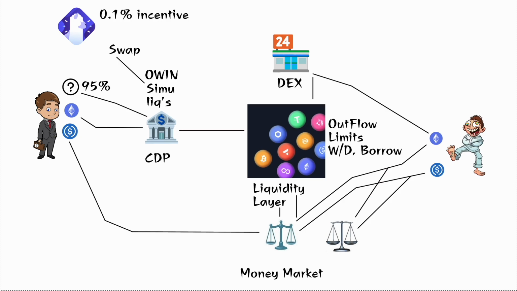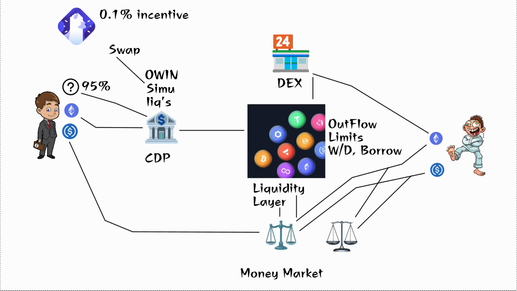Now the next thing they talk about is this DEX built on top of the liquidity layer. This DEX is pretty interesting. It's not really a DEX like Uniswap, and it's very different from how you would supply liquidity to Uniswap or any AMM that's currently out there.